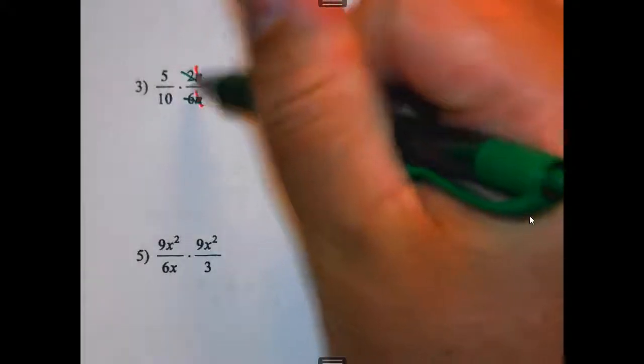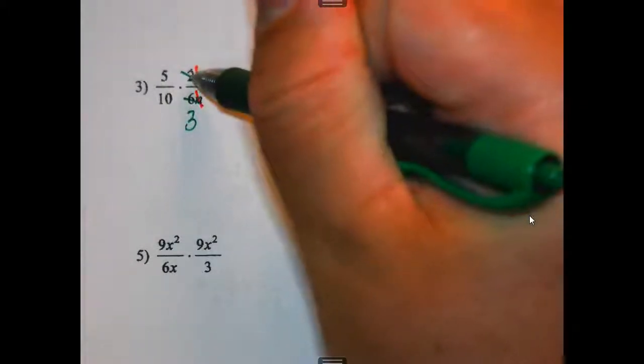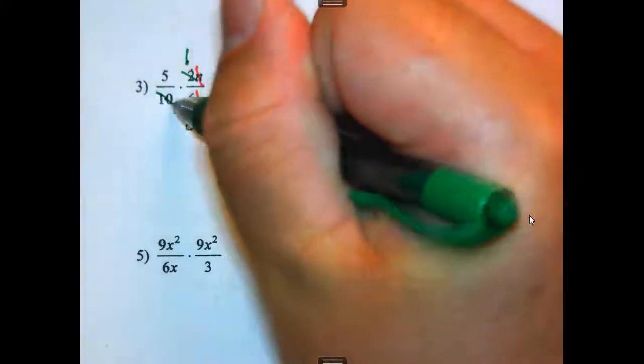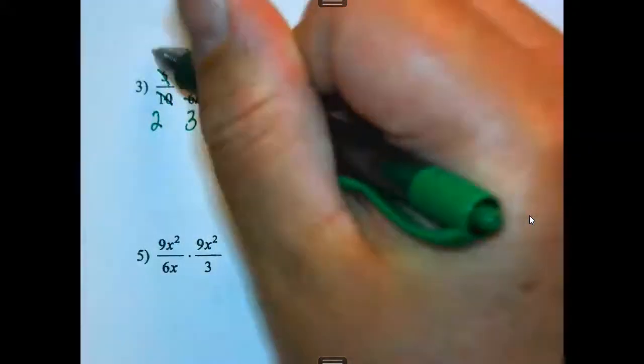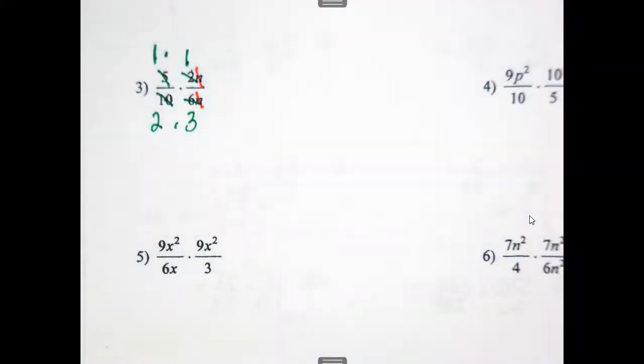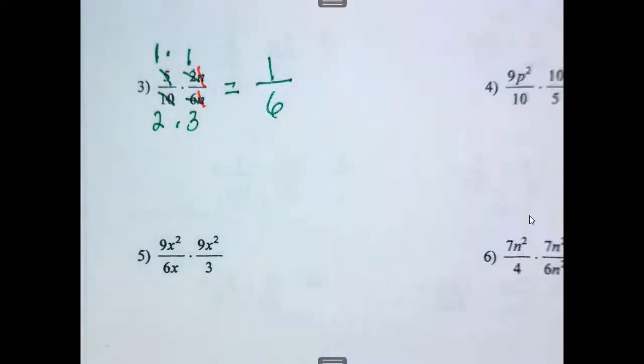So 6 divided by 2 is 3. 2 divided by 2 is 1. 10 divided by 5, 2. 5 divided by 5 is 1. Okay. So I end up with 1 times 1 is 1. 2 times 3 is 6.